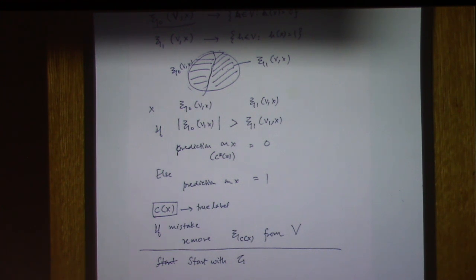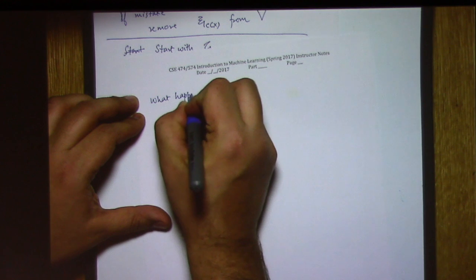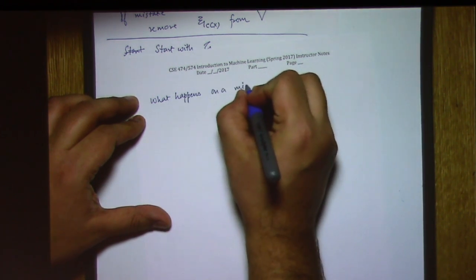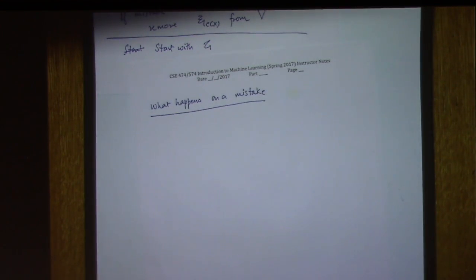So now we need to figure out what is the worst you can do. How many mistakes will you make? The way to understand this is that on a mistake, you are reducing the size of your version space.